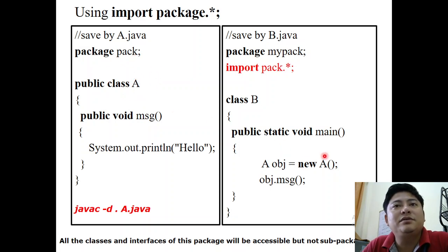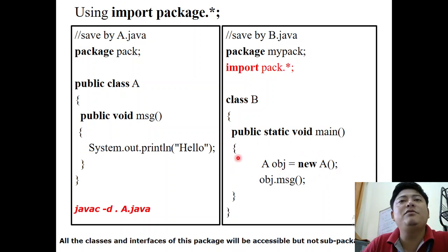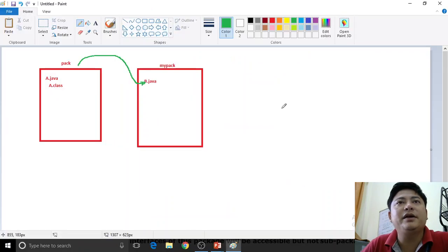So whenever the compiler executes the instruction a obj = new a(), creating the object obj will not create any kind of error message. Although a is not declared anywhere inside this file, because you have already imported it, it will not create any kind of error.